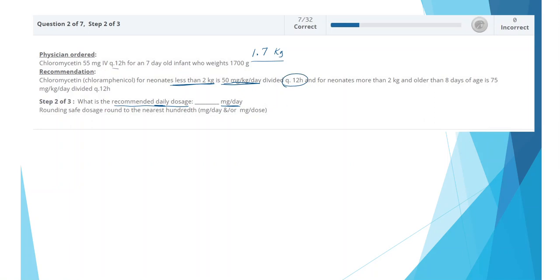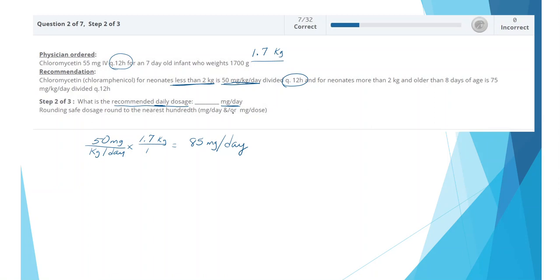And again, the doctor ordered it for every 12 hours. So, like I did on the other example, I'm going to take the 50 milligrams per kilogram per day and multiply it by the infant's weight, 1.7 kilograms. So 50 times 1.7, and I'm going to get 85 milligrams per day.